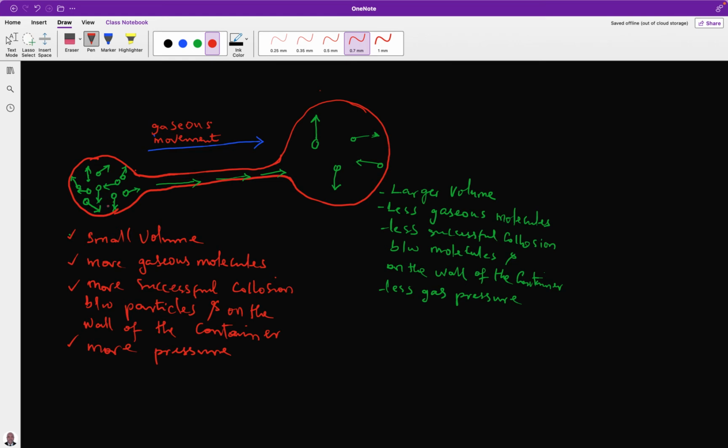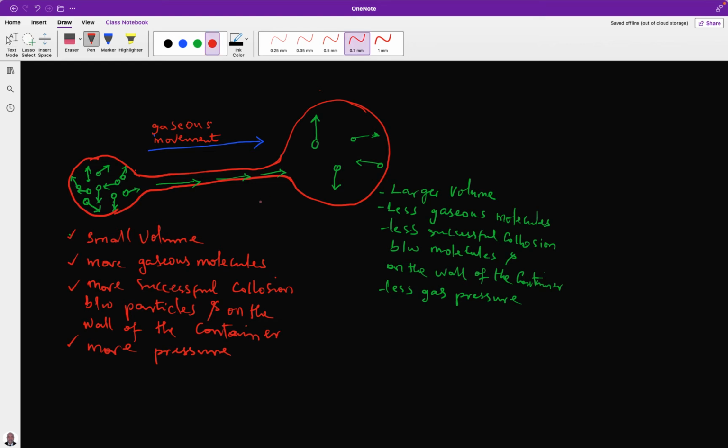The particles here will tend to move to the direction of less gaseous molecules, in order to reduce the pressure here and increase the pressure there. So the gaseous molecules will tend to move to the direction of less gaseous molecules, thus reducing the pressure here and establishing an equilibrium.